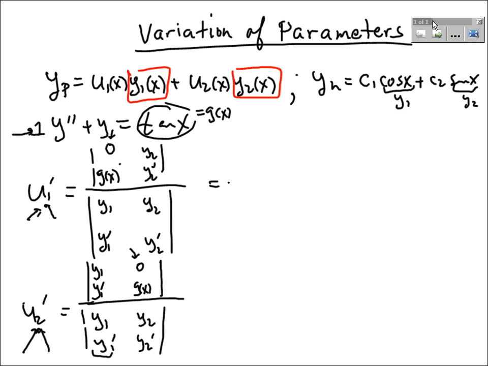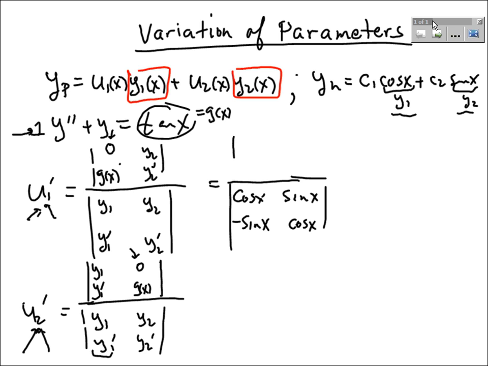So let's do the bottom determinant. y1, y2. Remember, y1, y2. And underneath that, I put the derivatives. And since I'm solving u1, first column becomes 0, tan x.